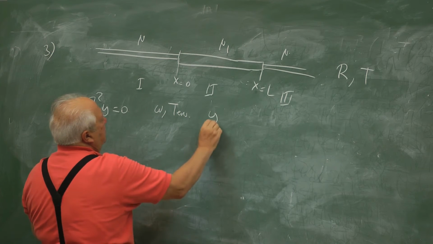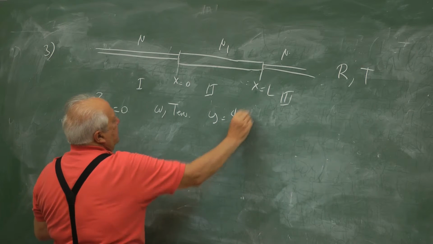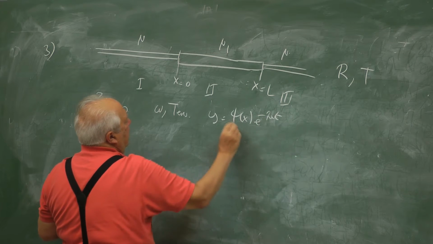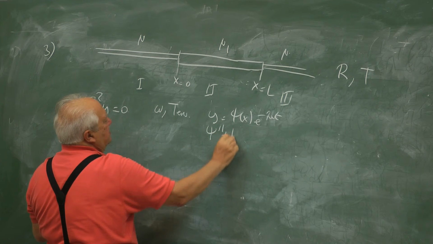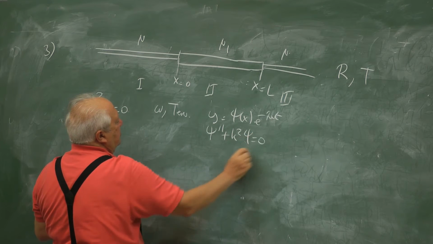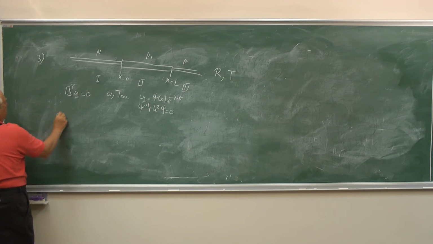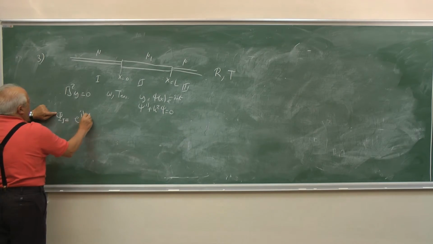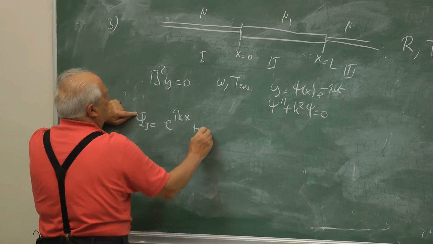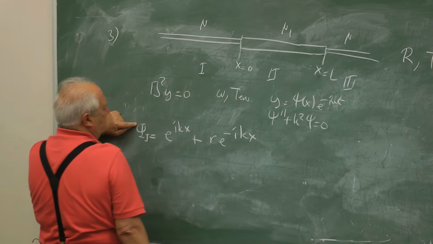So we write each y as some psi of x times e to the minus i omega t, and each psi satisfies psi double prime plus k squared psi equals 0 in its domain. So the solutions: psi 1, the first one, has an incoming wave e to the i kx plus a reflected wave back, r e to the minus i kx.